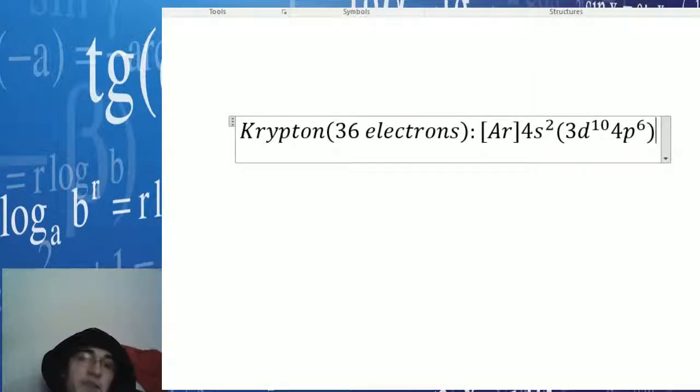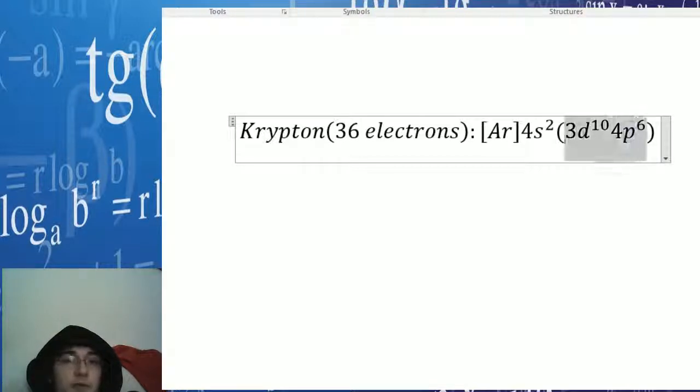Okay, so n plus L: 3 is the n, and d is the letter associated with L equals 2. So 3 plus 2 equals 5. And 4 is the n, and p is associated with L equals 1. So 4 plus 1 equals 5.